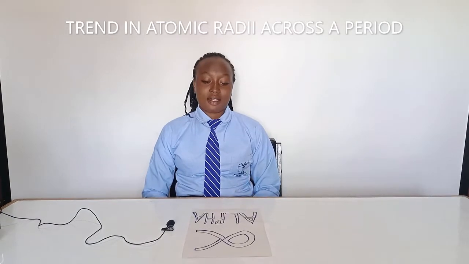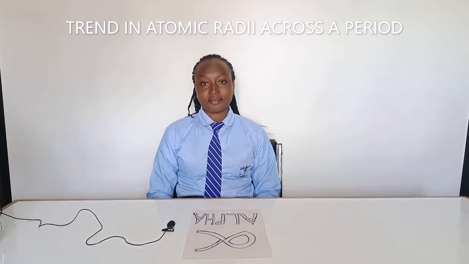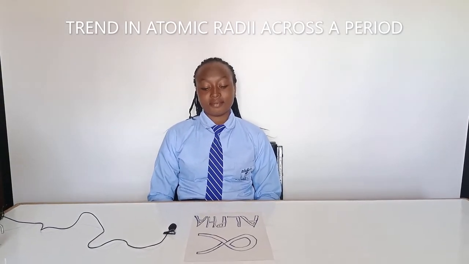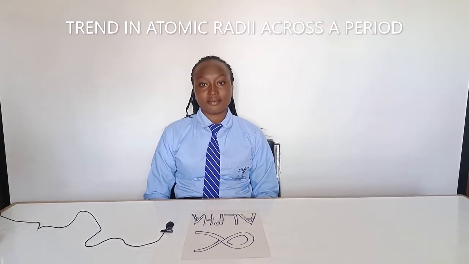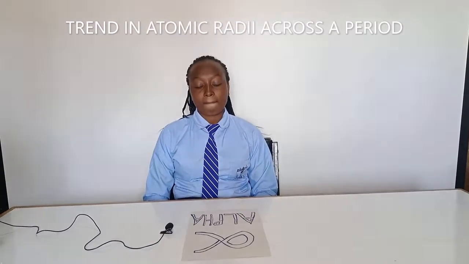Okay, I'm going to give you 1 out of the 3 for stating the trend. It decreases. The reason being there is an increase in the number of protons, what we call the nuclear charge. The energy levels are attracted closer and closer as you go across the period, so the atom becomes smaller and smaller.